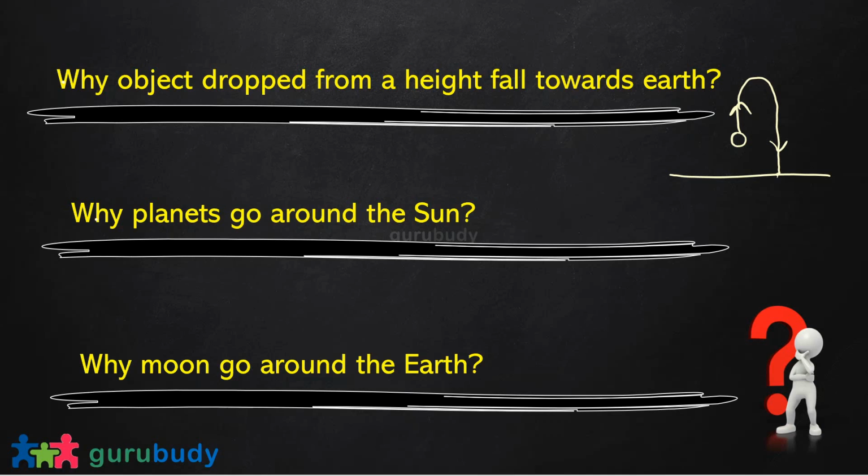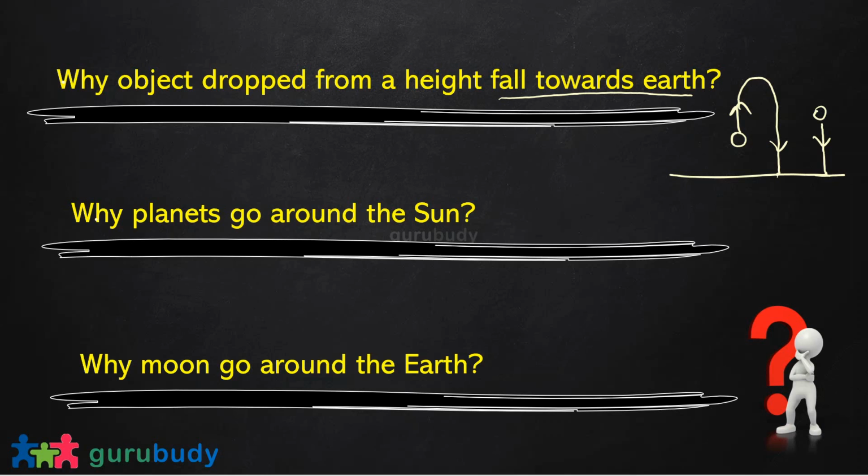If I drop a stone from here, it always comes down and hits the ground. So the question is why this happens, why an object dropped from a height or thrown upwards always comes back and falls towards Earth. That falling towards Earth is where I would like you to focus.